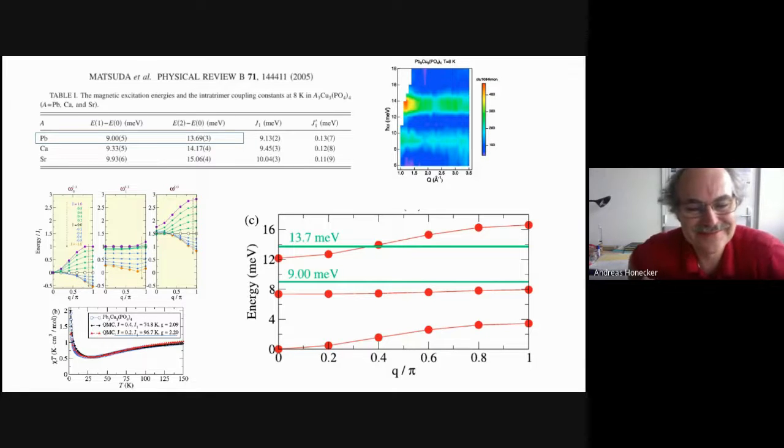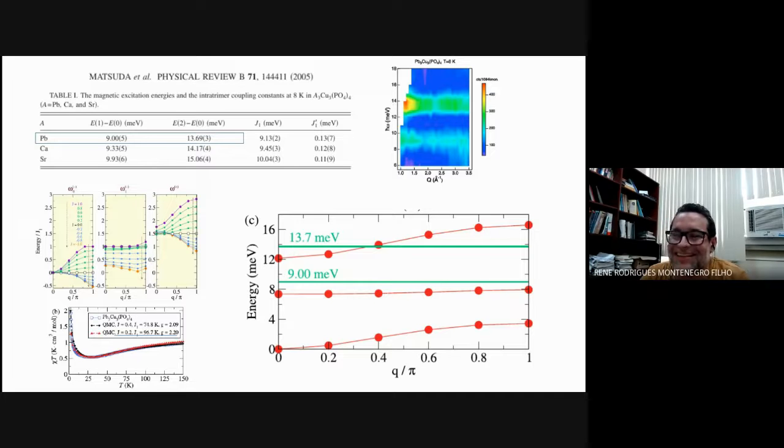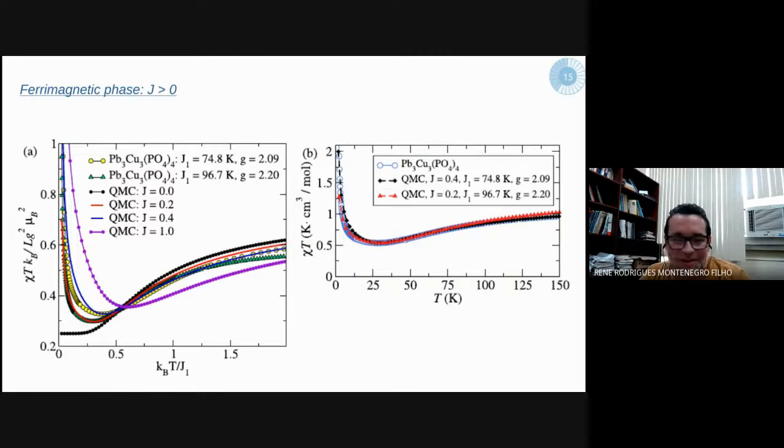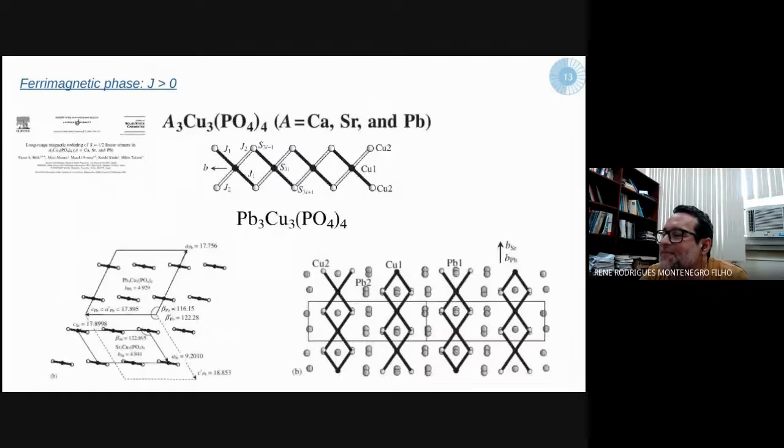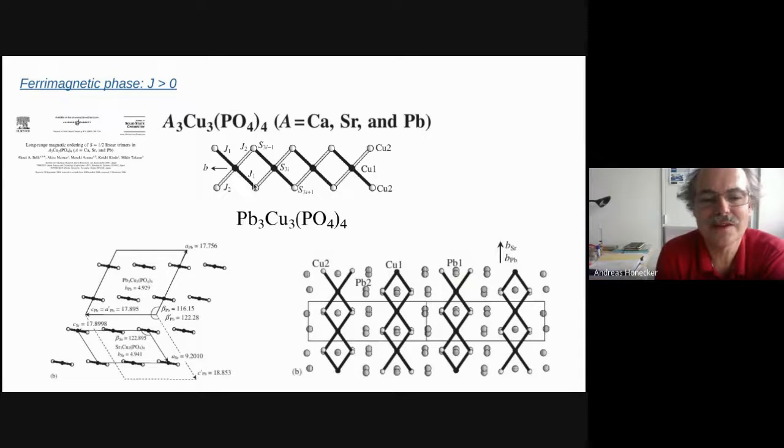And if you don't have arguments, would you be able to include them? Yes. Okay. I think that I understand. The exchange pathway here: you are telling that there is some coupling between these two spins. There might be coupling there. It depends on the exchange geometry.